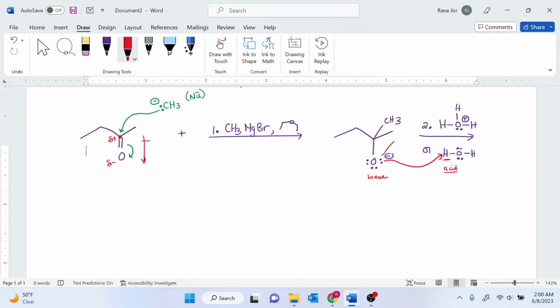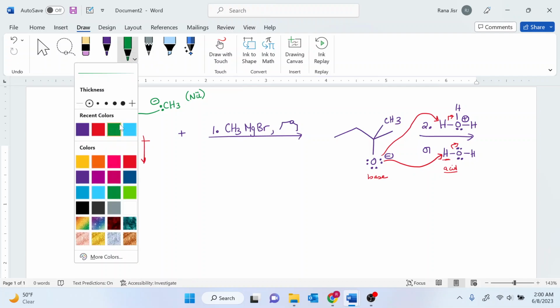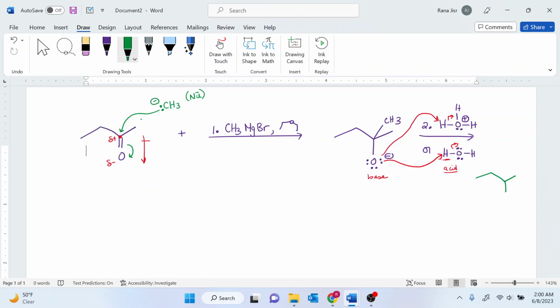Or I can use the base with this acidic hydrogen over here. Water is going to leave; the OH is going to leave in this case. Any one of those. And then my product is going to be an alcohol. The rule says that if I start with a ketone, then my product is going to be a tertiary alcohol.